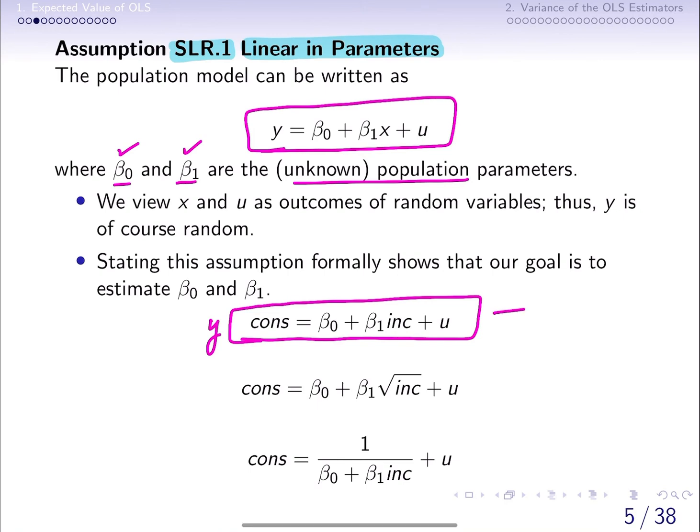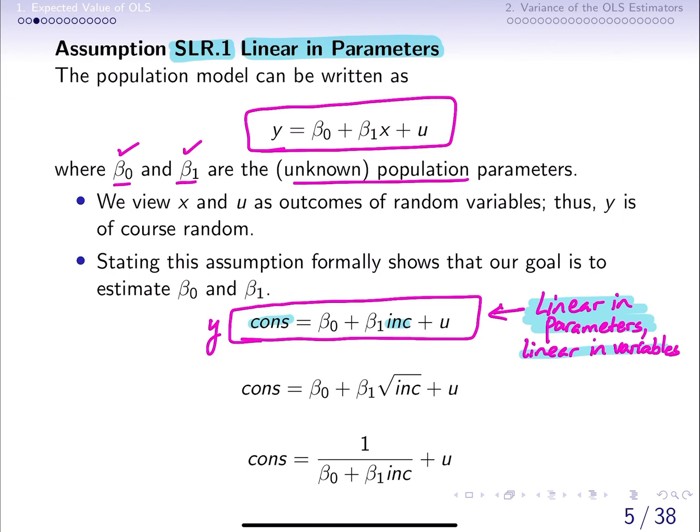And this right here is a model that is linear in parameters as well as linear in variables. Okay, so linearity in parameters is what we really need for that unbiasedness that we're trying to get at. But linearity in variables is basically saying that consumption, let's say, is measured in dollars and income is measured in dollars, right? So that's what linearity would mean.